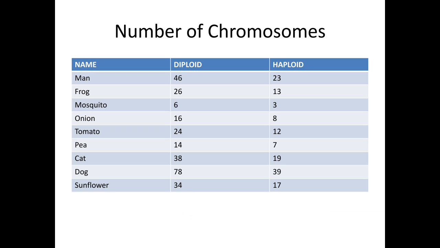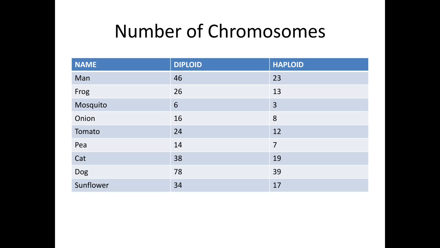It consists of 14 diploid chromosomes and 7 haploid chromosomes. Then cat. It consists of 38 diploid chromosomes and 19 haploid chromosomes. Then the dog consists of 78 diploid chromosomes and 39 haploid chromosomes.